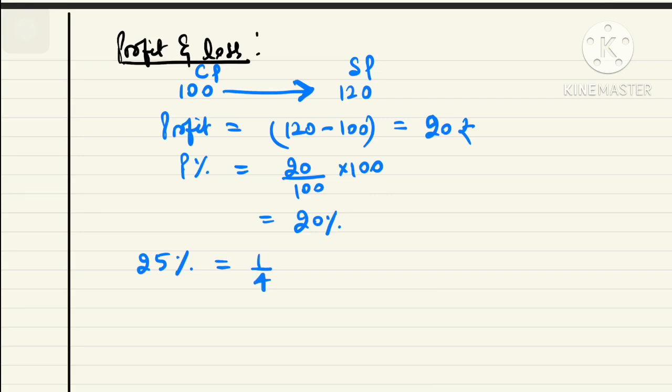So if we consider cost price as 4, and 25% profit, so if cost price is 4 and profit is 25%, what will be the selling price? Selling price will be 4 plus 1, that is 5, right?